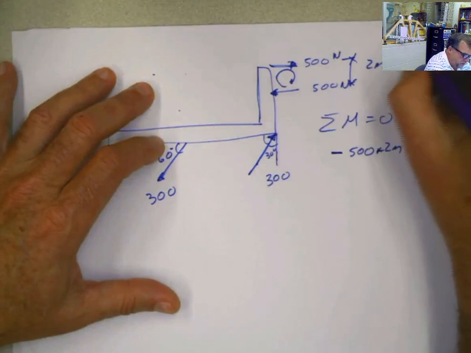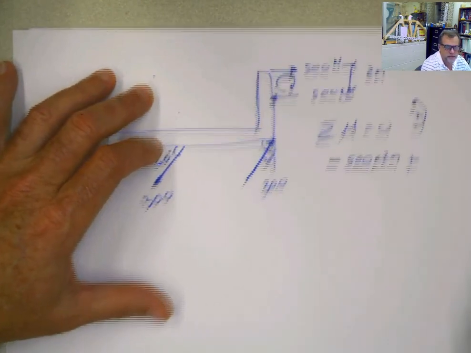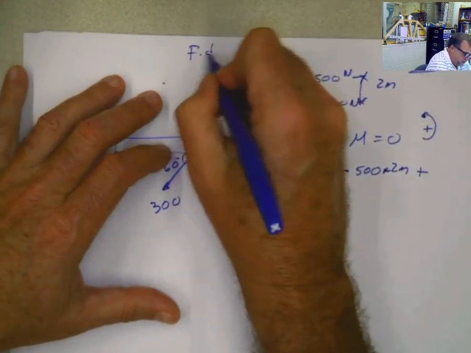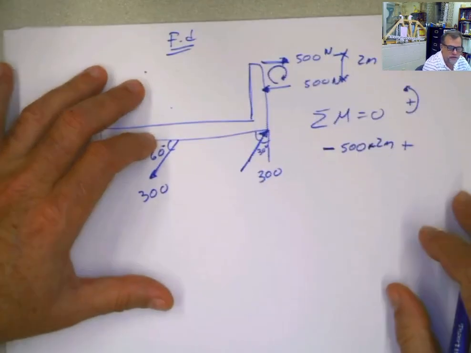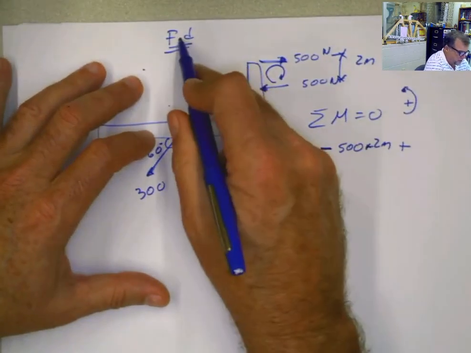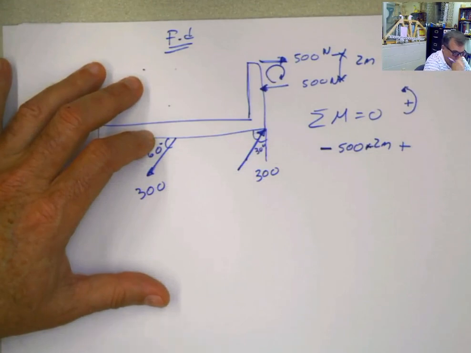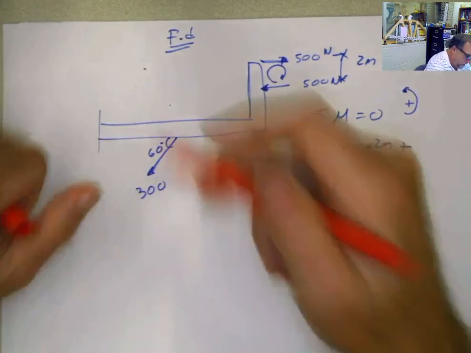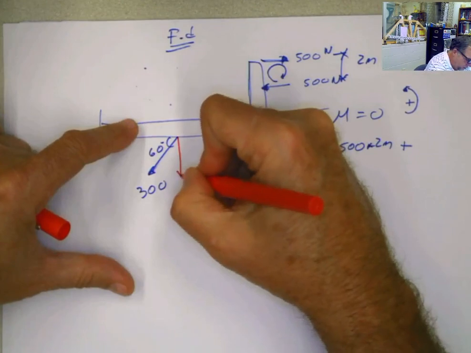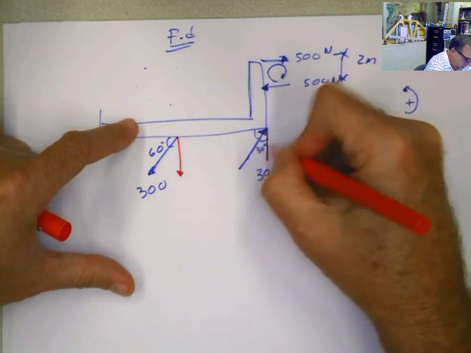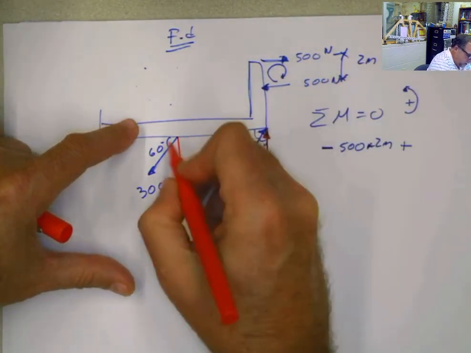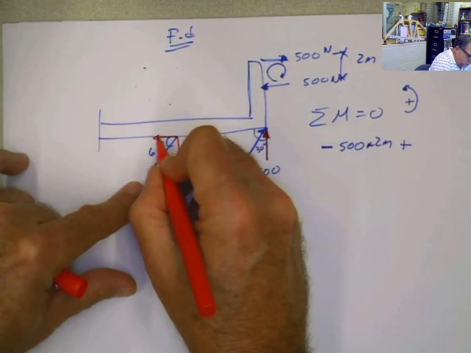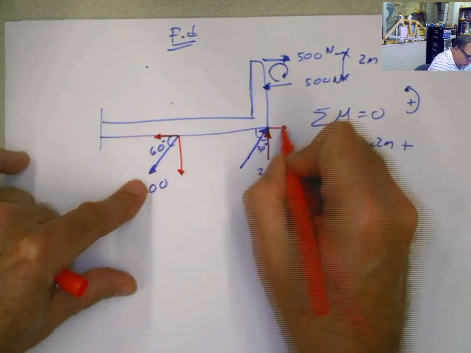Remember, when we have force times distance, force and distance has to be perpendicular. Okay, so then I have to convert this into this force and this component here. And I have another component for this force, one going in this direction and one going in that direction.